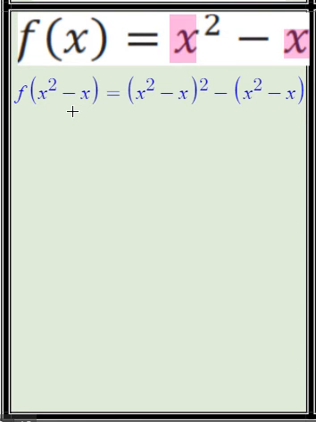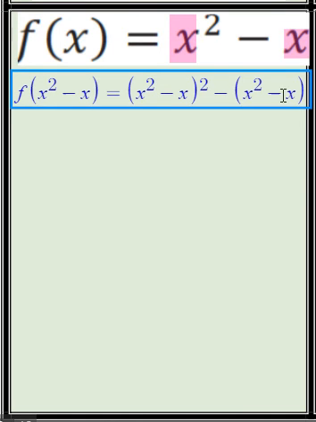What that tells me to do is replace each of these x's with what's inside parentheses. So I take x squared minus x, squared, and then I have the minus, and then I have another x squared minus x. And I think where some people might get lost is with the second one.